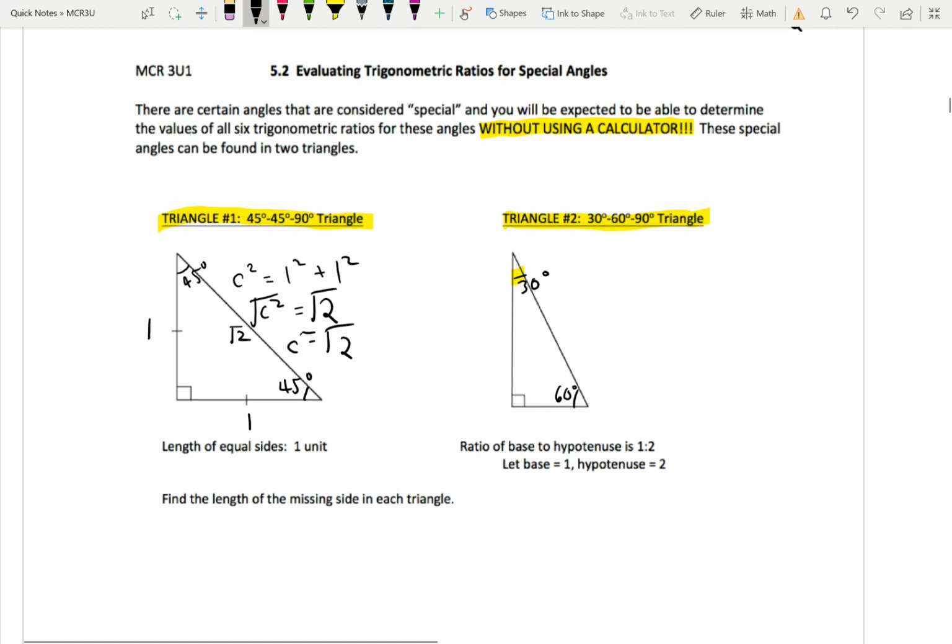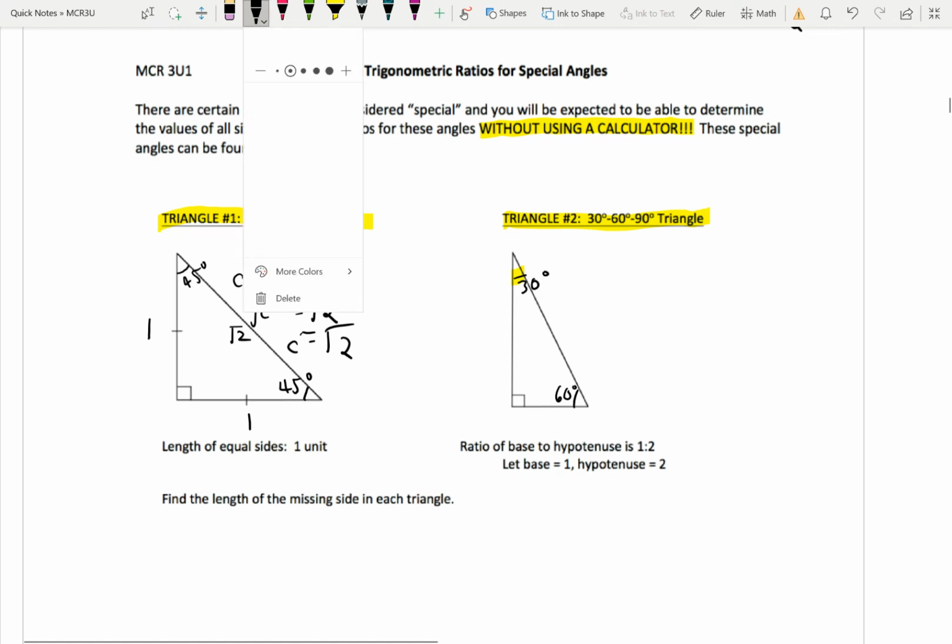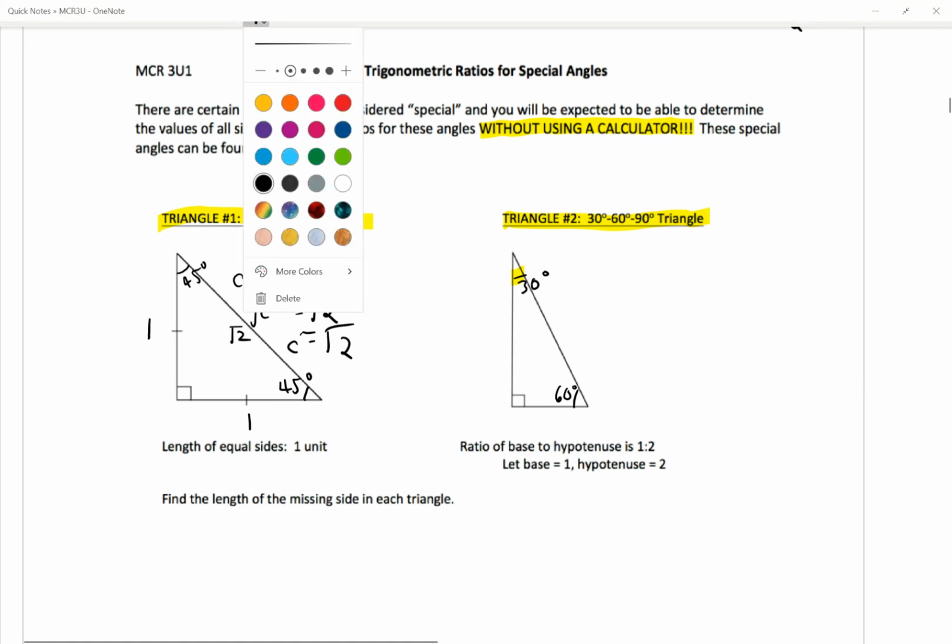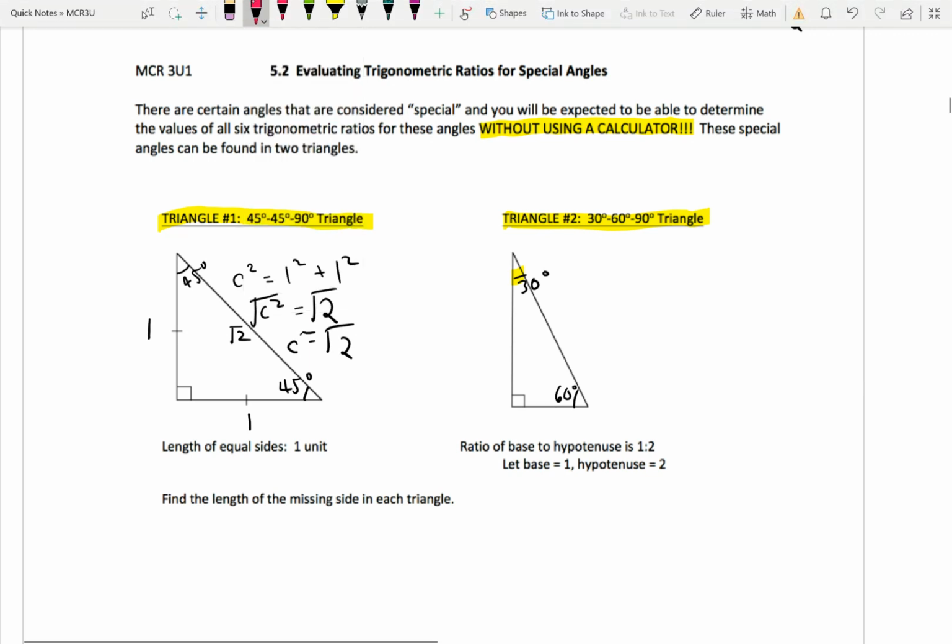Now, how do I remember the proportions of this triangle? The ratio of the base to the hypotenuse is 1 to 2, right? So when you label this, if the base is 1, then the hypotenuse is 2.